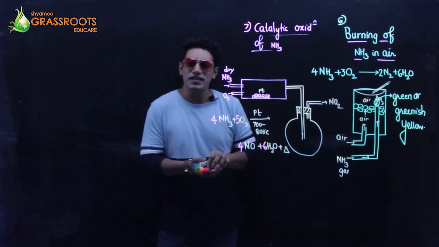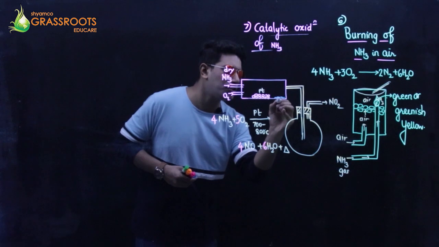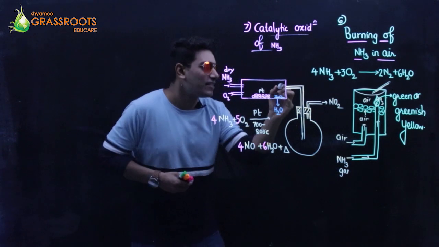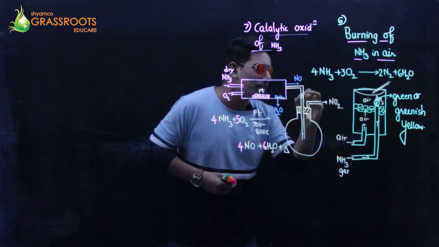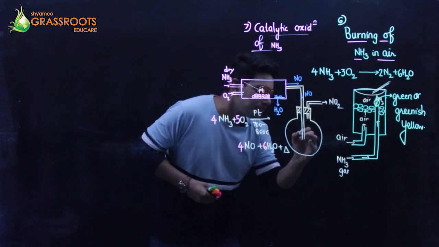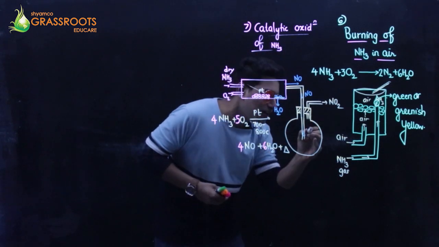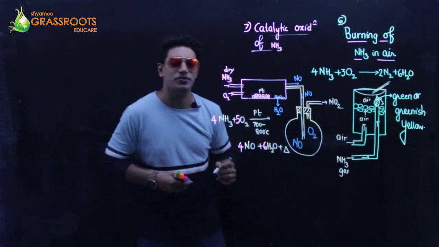Again, in this process, water is obtained. So here there will be water droplets. And the gas which goes ahead is nitric oxide. Nitric oxide is a colorless gas, students. And in this gas jar or flask, we have oxygen and the nitric oxide which enters.